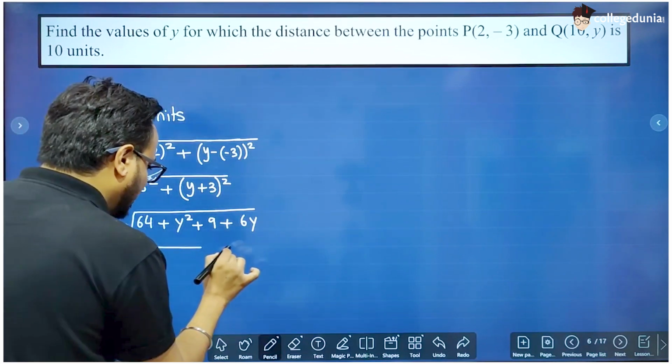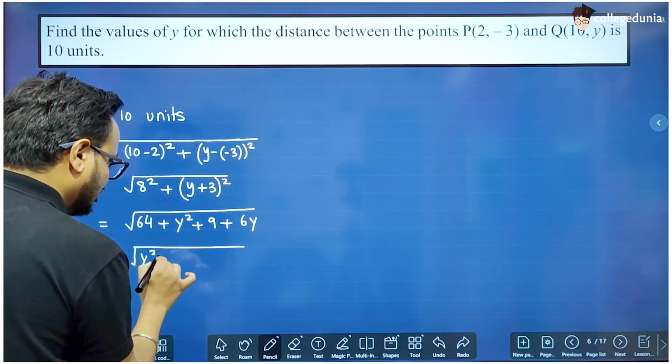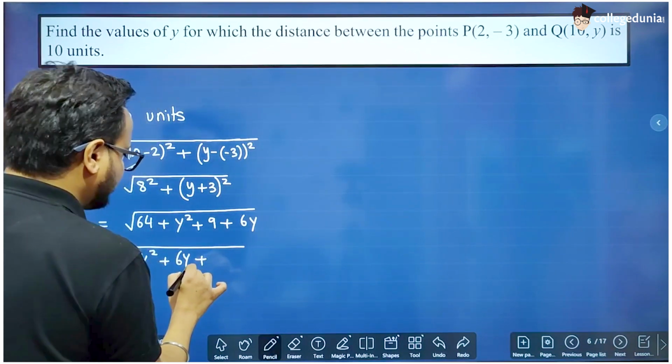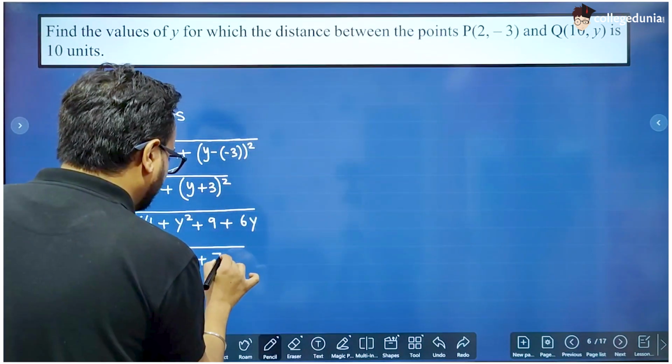So this is y square plus 6y plus 64 plus 9, 73.